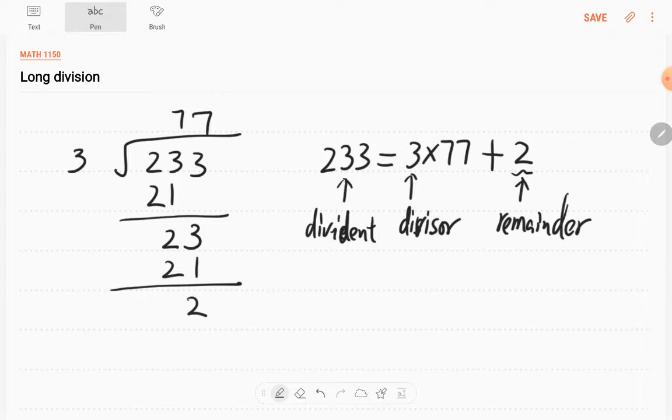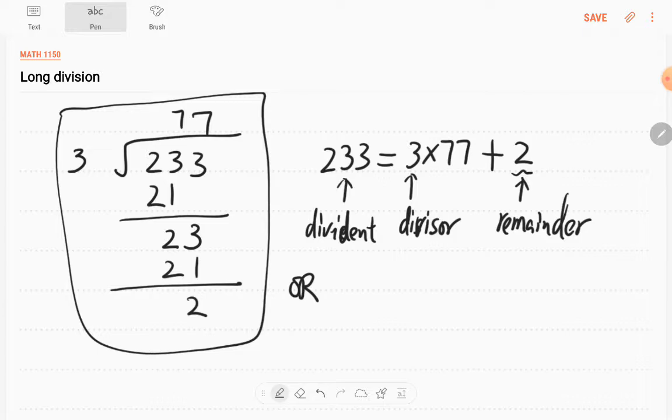Okay, so this division can also be viewed as 233 divided by 3 is equal to 77 plus 2 over 3, right?